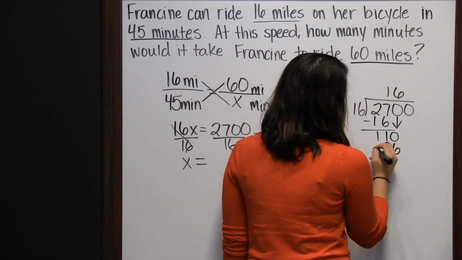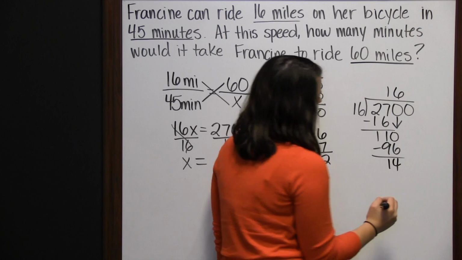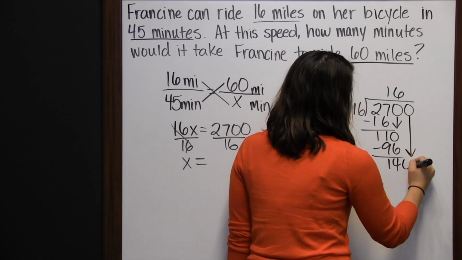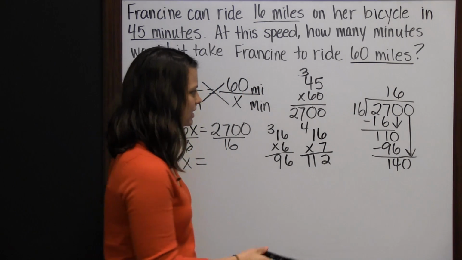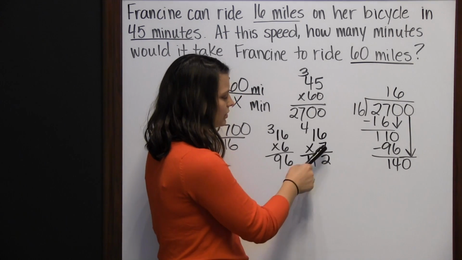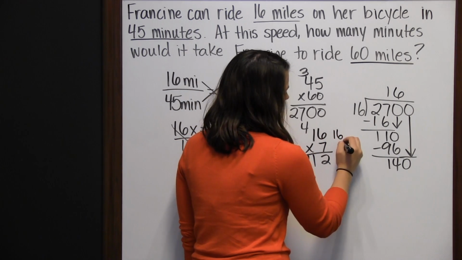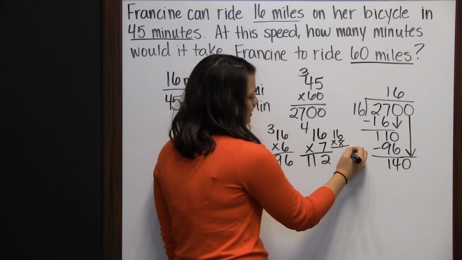And that works. So we need to subtract, and we get 14. Then we bring down our next 0. So we have 140. So I know 16 is going to go into 140 at least 7 times, but it should go even more than that. So let's see what 16 times 8 is. 8 times 6 is 48.